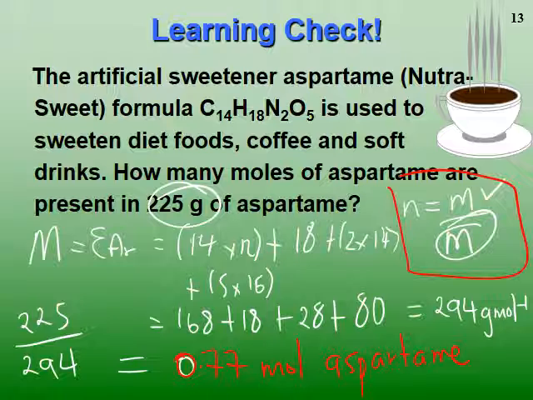Which makes sense, because if it was 294 grams it would be 1 mole, but it's a bit less, so it's about 0.77 moles of aspartame. And that's the answer. So hopefully you got that right.